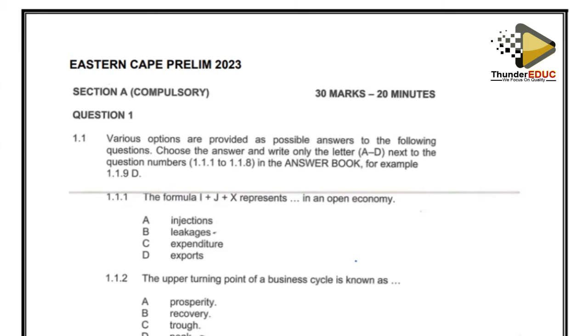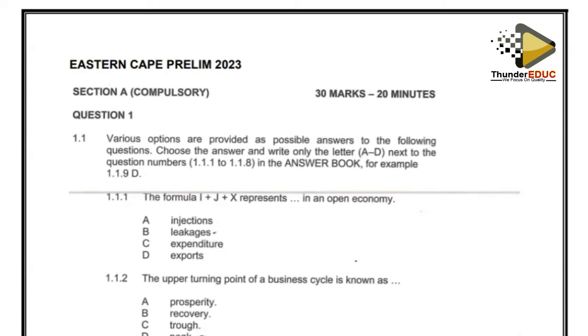If we have injections, it means that money is coming into the economy. Also the exports, if the economy is having more exports than imports, it means that goods and services that are locally produced are being sold to the rest of the world. So in return, that particular economy receives income.